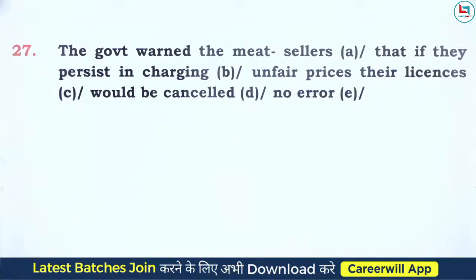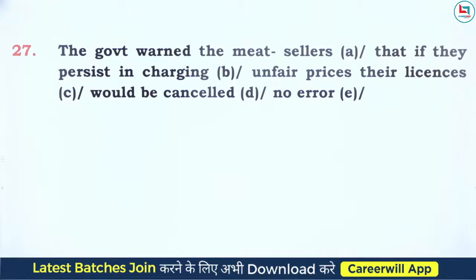The government warned the meat sellers that if they persist in charging unfair prices, their licenses would be cancelled. The government warned the meat sellers. Again, up till that, you need not give any heed.